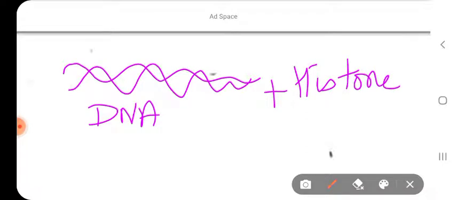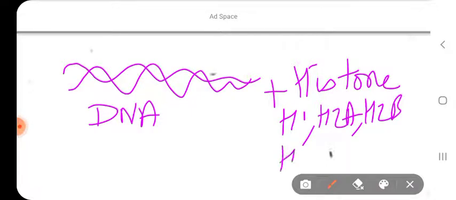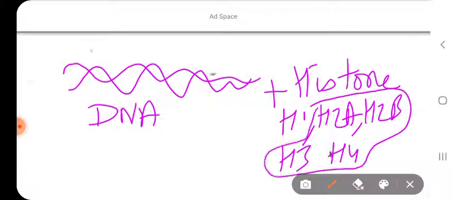Histone proteins are of many types like histone H1, histone H2A, histone H2B, histone H3, histone H4. These histones H2A, H2B, H3, H4 together make the histone octamer.